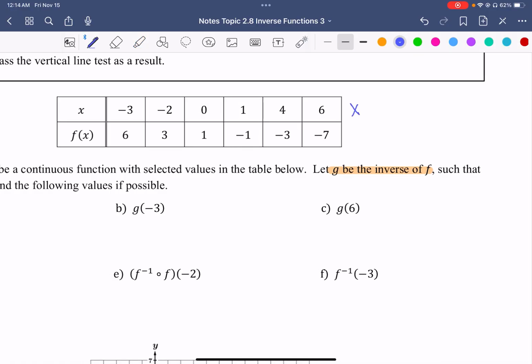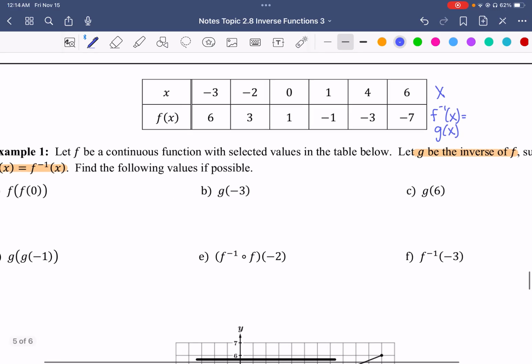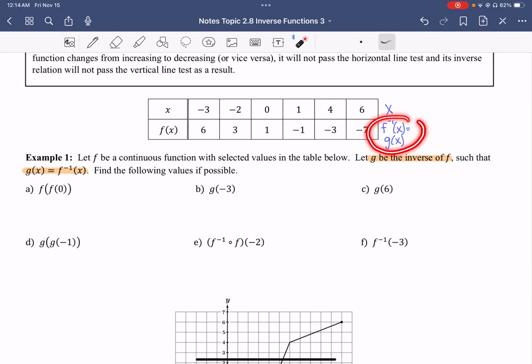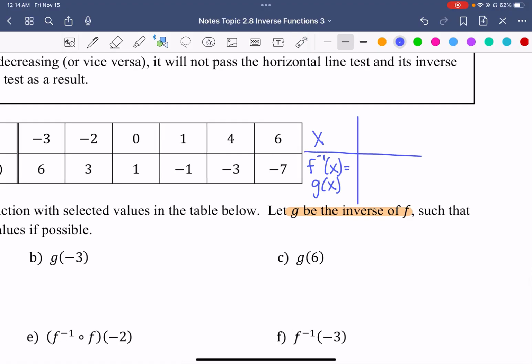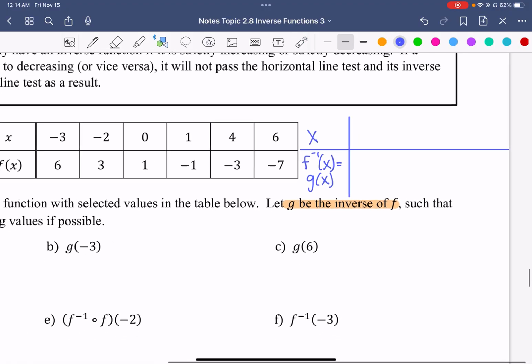They told me the inverse of f of x is the same thing in this scenario as g of x, because they said the inverse of f of x is equal to g of x. So I can put those on the same table because they're representing the same function, okay?